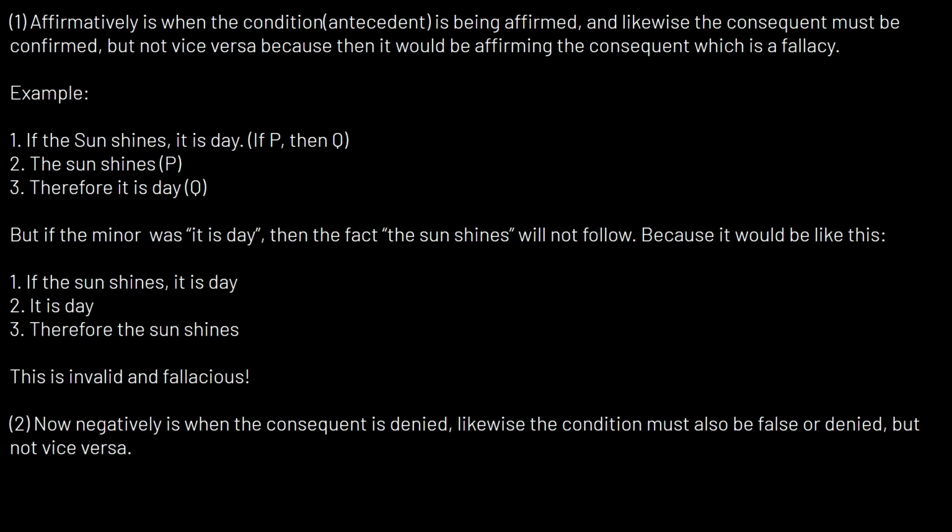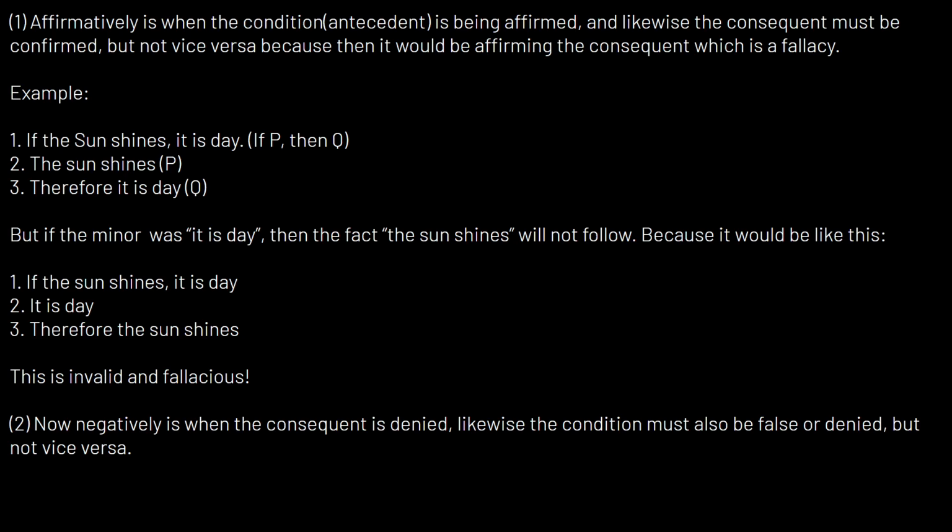But if we switch the minor premise, and we say the minor premise was it is day, then the conclusion that the sun shines will not follow. It would be like this: if I said if the sun shines, it is day, that is if P then Q, and I assert Q, therefore P, that is invalid and fallacious, right?